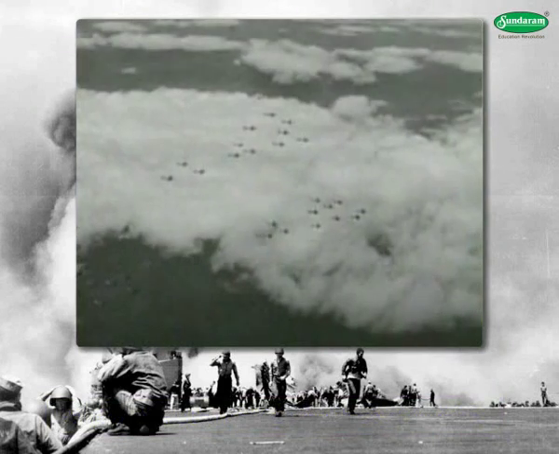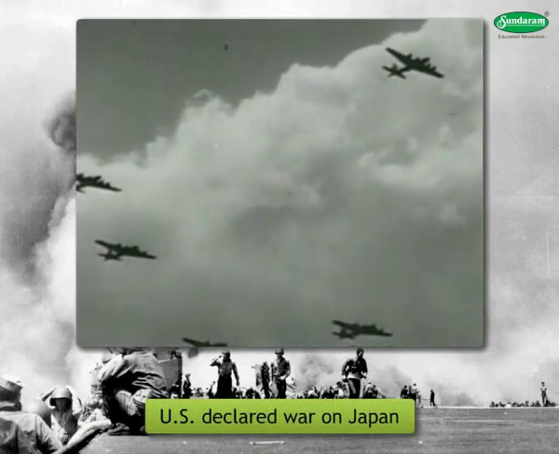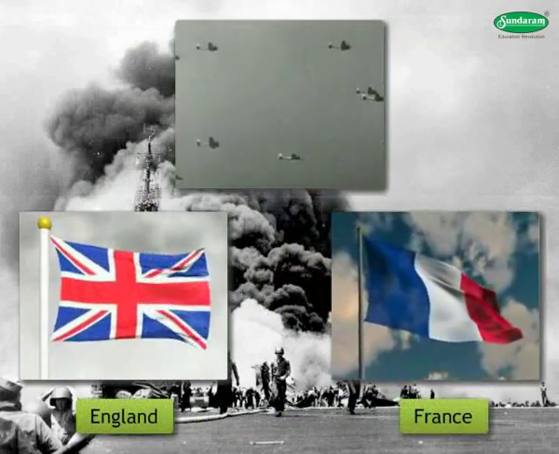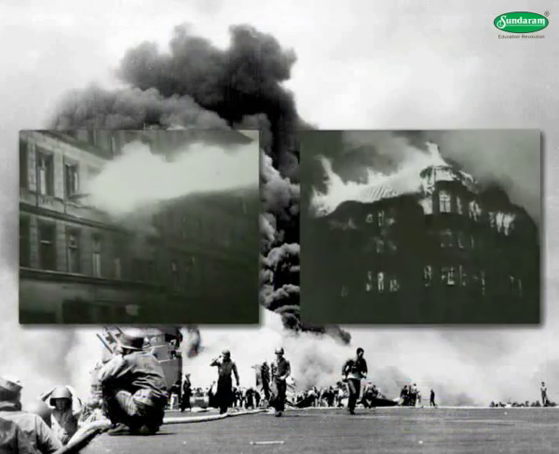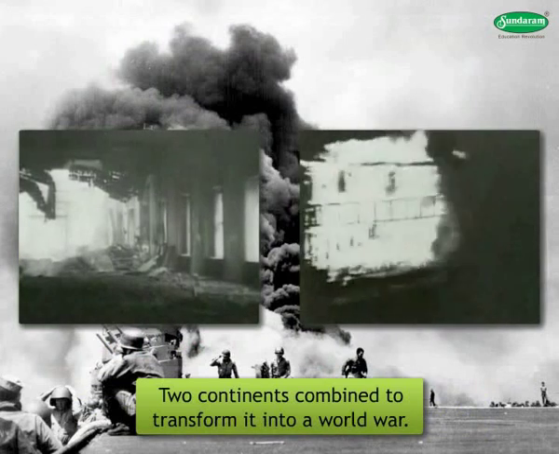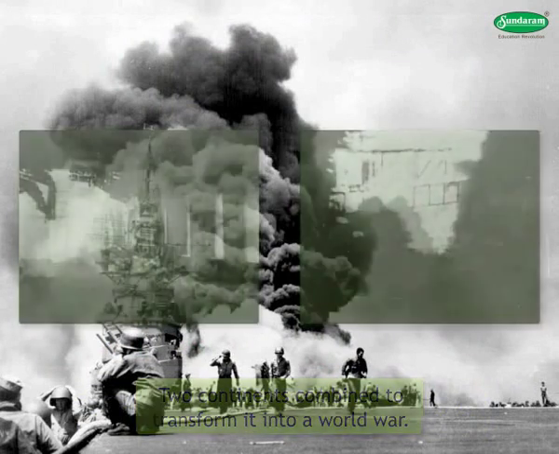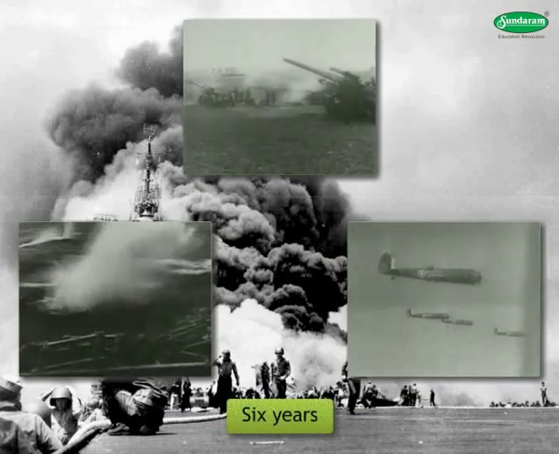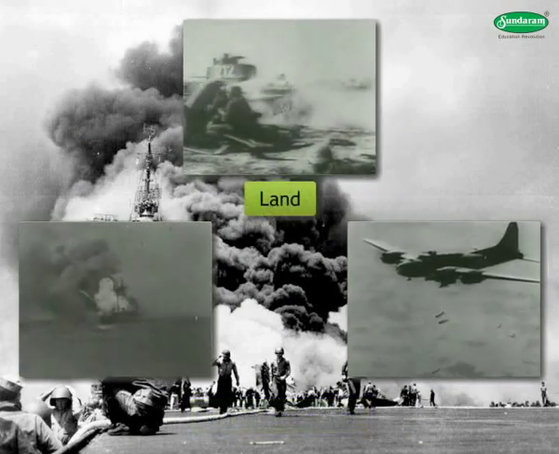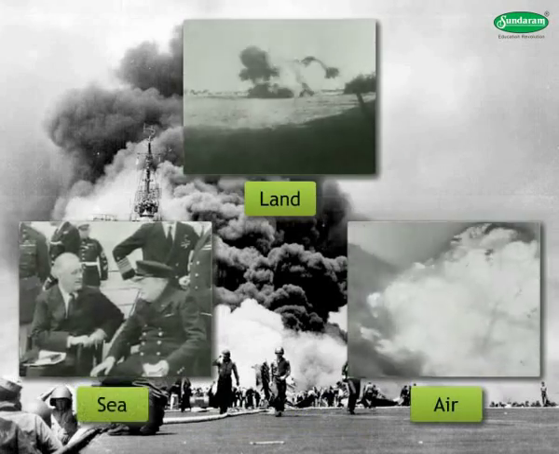The next day, the United States declared war on Japan, followed by England and France. Thus, the wars in two continents combined to transform it into a world war. The war that continued for 6 years was fought on 3 continents, on land, air, and sea.